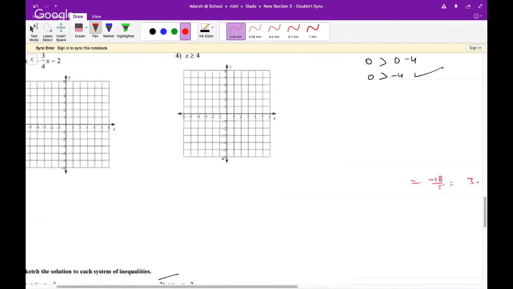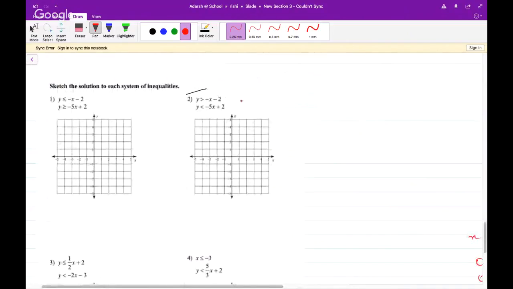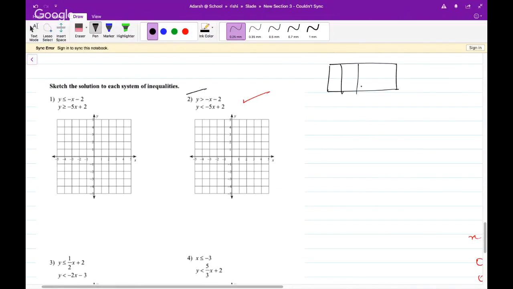Next, one more question I'll do here. This has two equations, so I have to make two separate tables. So quickly I'll draw them. So x equal to 0, 1, 2. Put x as 0, you get y as minus 2. x as 1, y will be minus 3. x as 2, y will be minus 4.